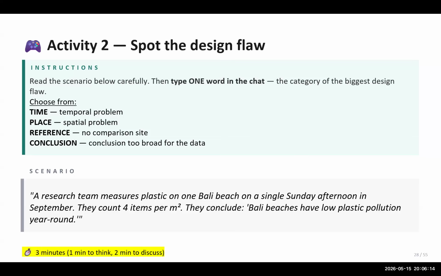They took a measurement on a beach in Bali on one single afternoon, and they say we have this number of plastics per square meter, and they say the plastic pollution in Bali is very low all year. What do you think could be the problem with this monitoring approach?